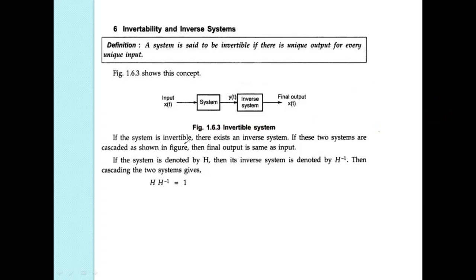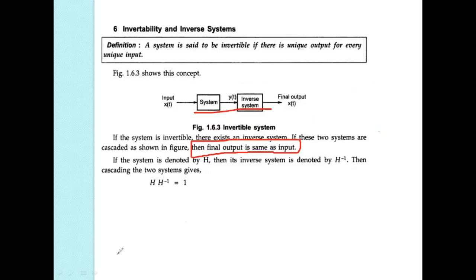If the system is invertible, there exists an inverse system. If these two systems are cascaded, as shown in the figure, the final output is the same as the input. Take the Fourier transformation and the inverse Fourier transformation; finally, again, we get the same x of t.